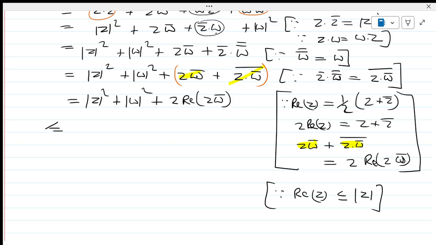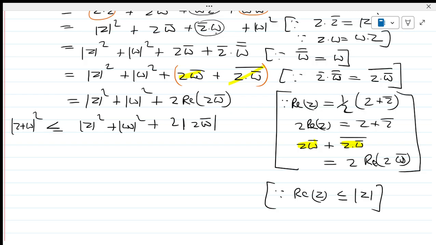So this is less than or equal to the absolute value of z squared plus the absolute value of w squared plus two times the absolute value of z into w conjugate. So we got this: the square of the absolute value of z plus w is less than or equal to this.